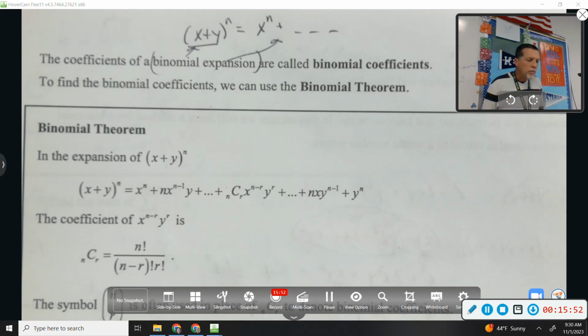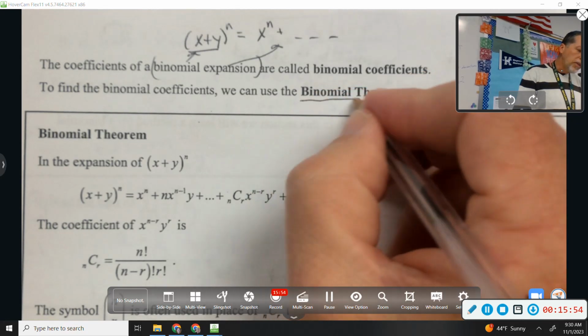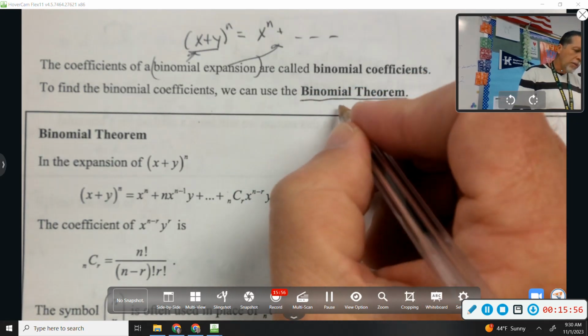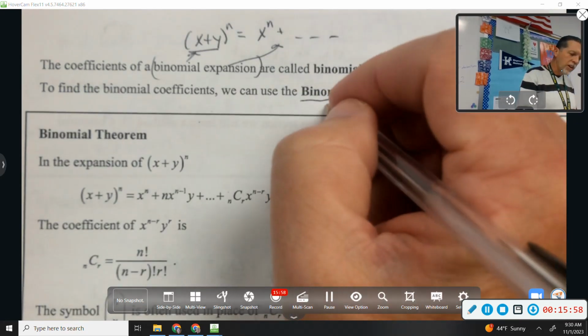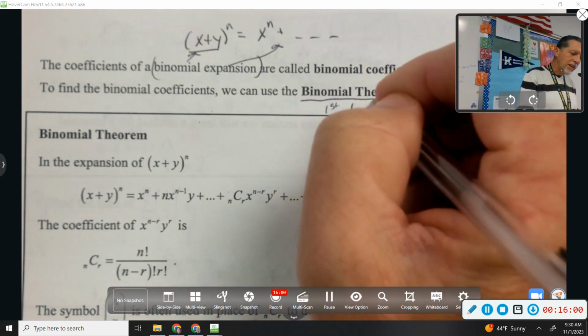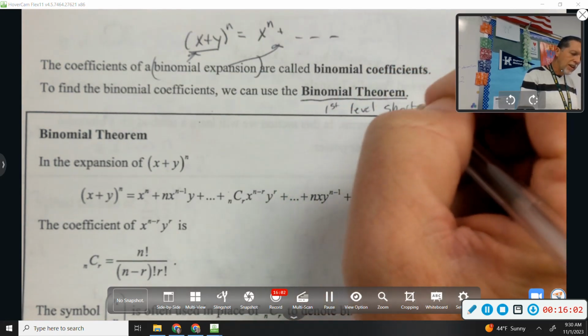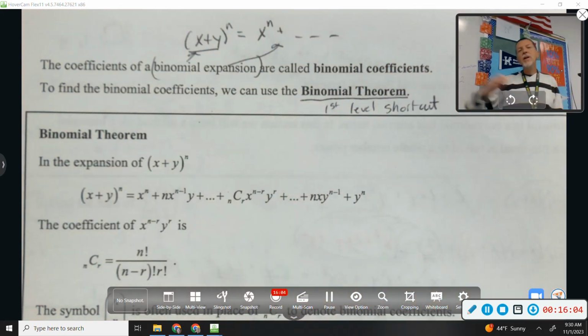And to find them, we can use the binomial theorem. Remember this, the binomial theorem is like the first level shortcut. Rather than multiplying everything out, we can use the binomial theorem. The second level shortcut is the adding triangle thing. We'll get there in a minute.